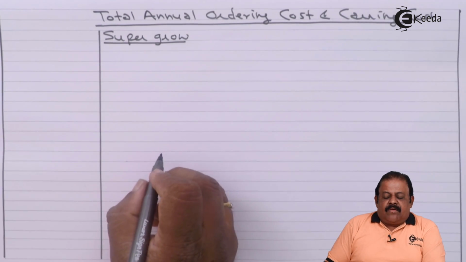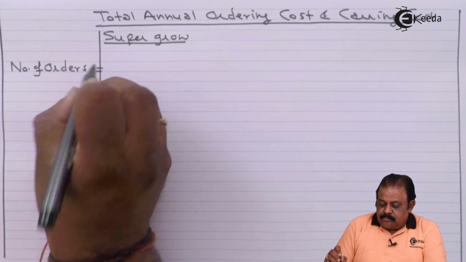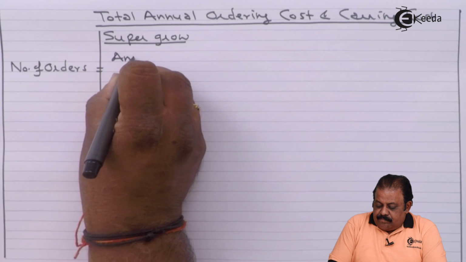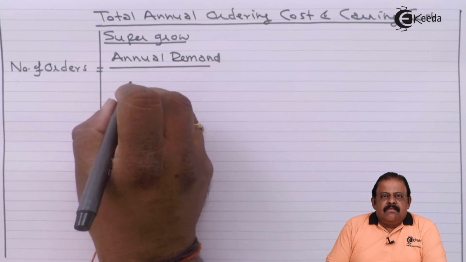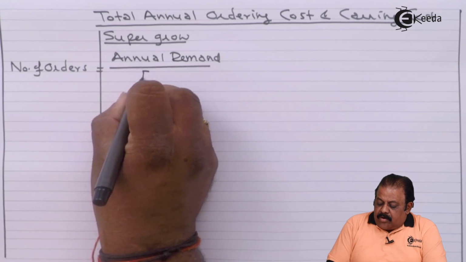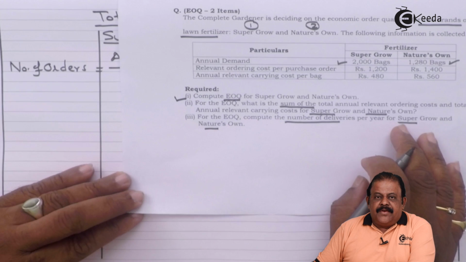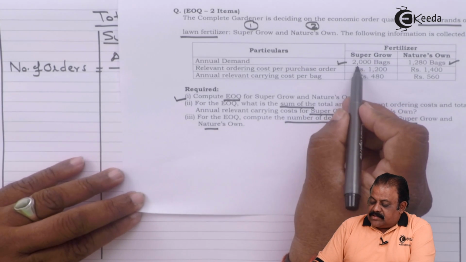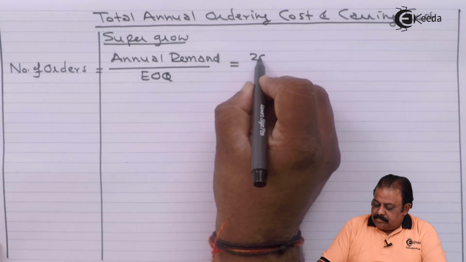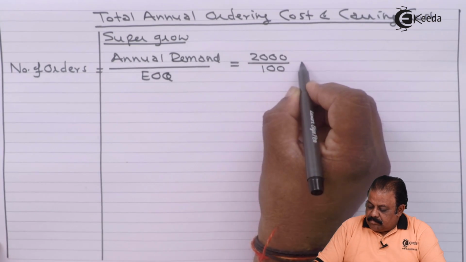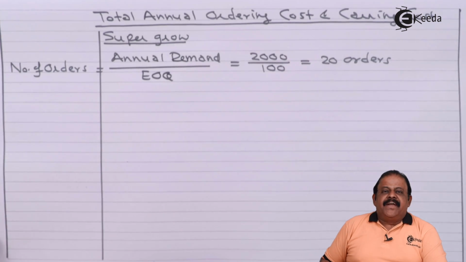We'll calculate number of orders, annual demand divided by economic order quantity. Annual demand is 2000 bags. Economic order quantity we have calculated 100 units. So it will be 20 orders.